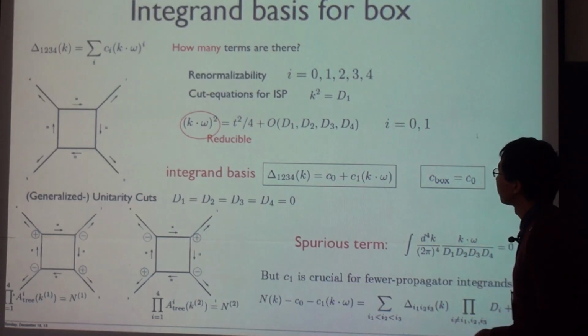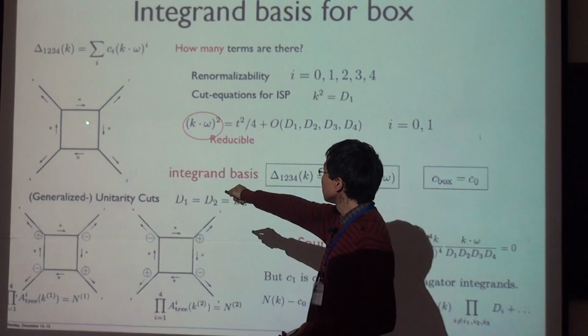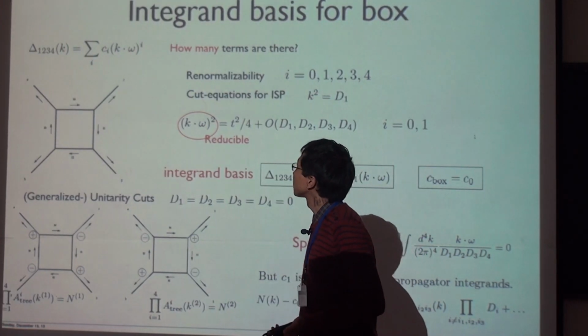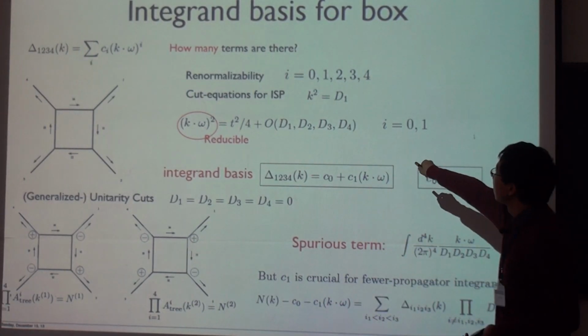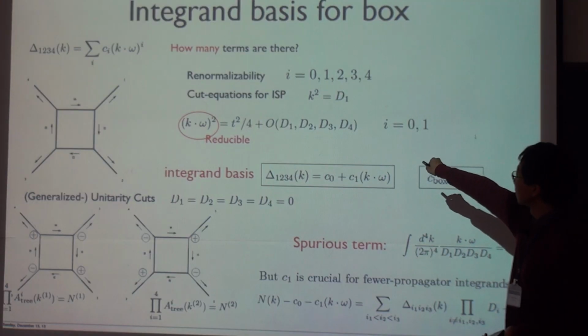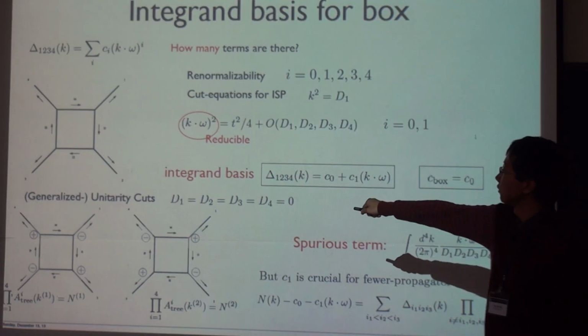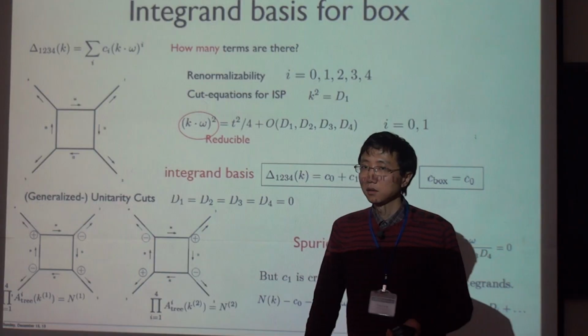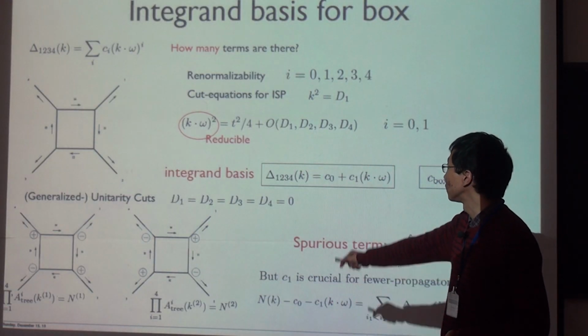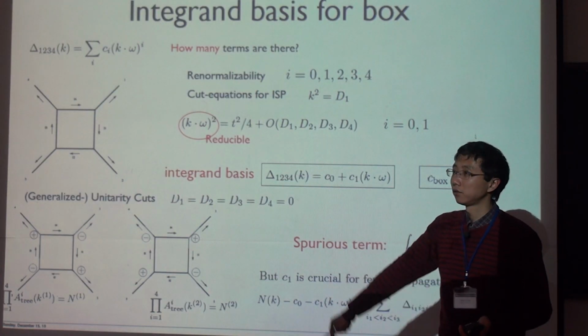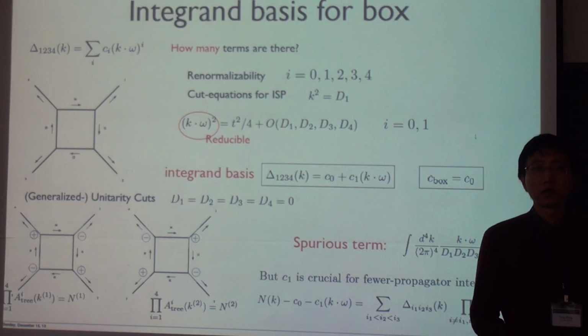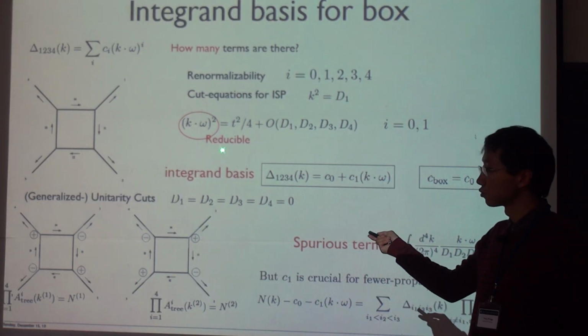And also, from the on-shell equation for this irreducible scalar product, if you expand this equation, k squared equals d1, where d1 is one of the propagator denominators. From this equation, you can find that although k·omega itself is irreducible, (k·omega) squared actually is reducible.